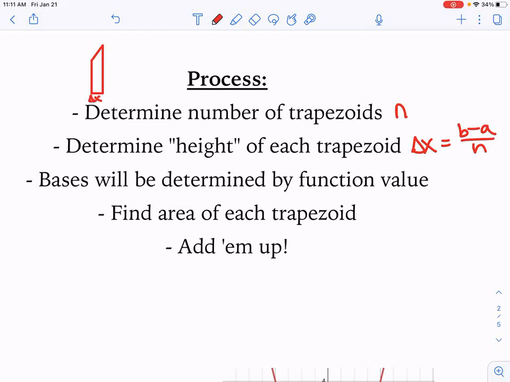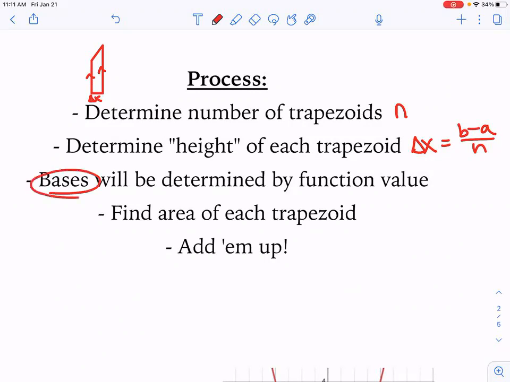And so delta x, that's going to be the height of our trapezoid because our parallel sides are what we consider our bases. We're just used to seeing trapezoids rotated at 90 degrees. So if you need to look at it like this, okay, that might look like a more familiar trapezoid.